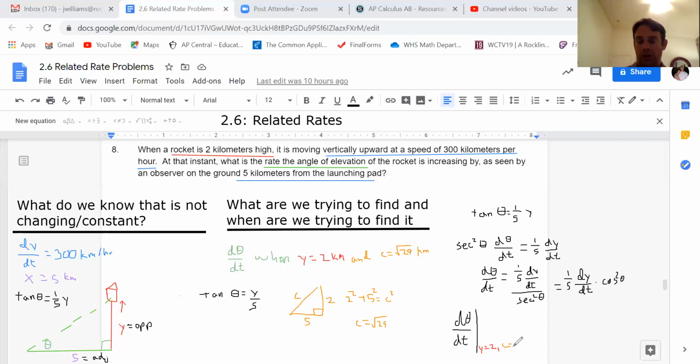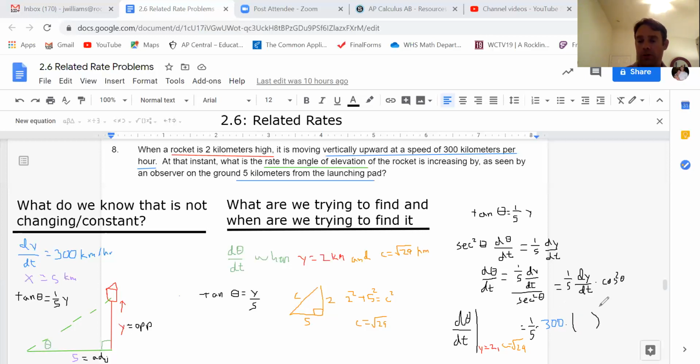Those are a snapshot little things there. So I'm going to have my 1/5 times dy dt. What was dy dt again? That's right, that was 300. We haven't dealt with that number for a bit. Times cosine squared theta.